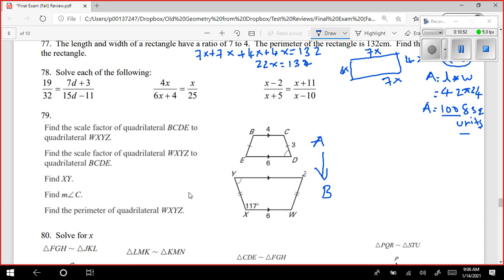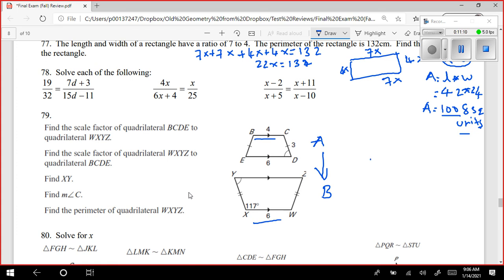And if they are asking for a scale factor, it means these two are going to be similar. Okay. If these two are similar trapezoids, then the side which corresponds to BC is XW.